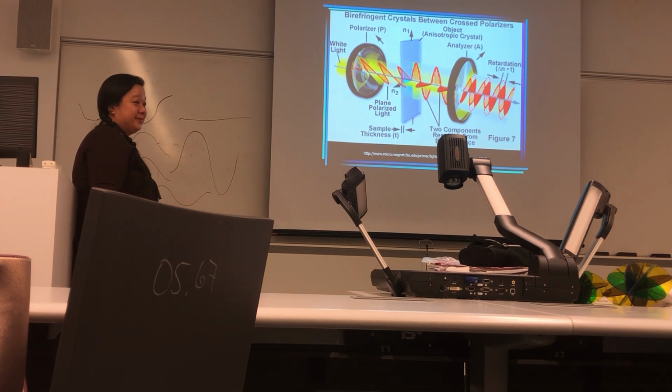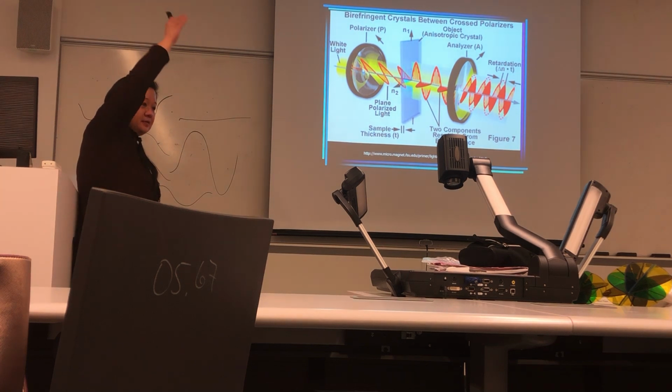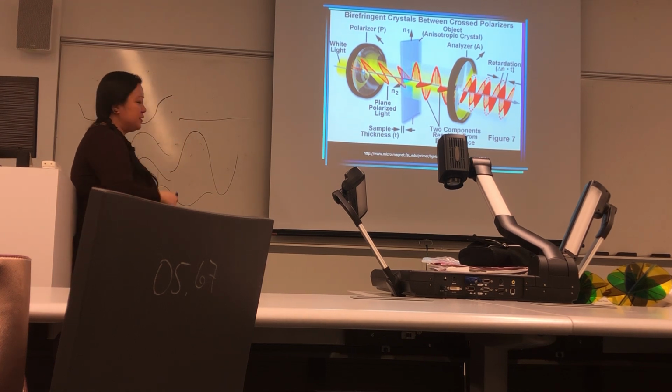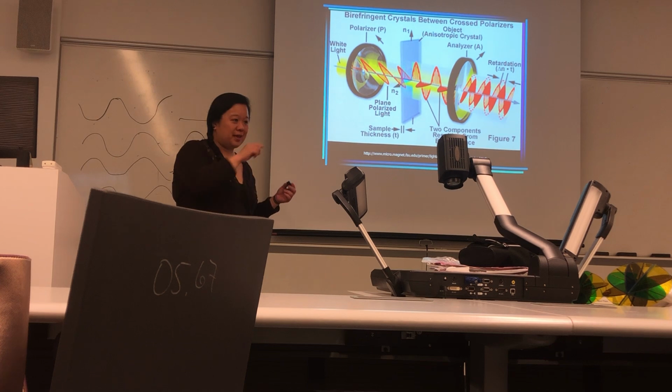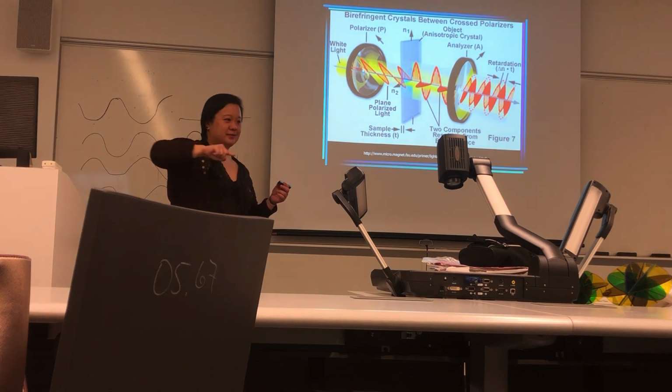So if it's like that and you add them, what would happen? Weird stuff. When you add two waves that are in phase, you still get a sine wave, except the intensity is different, right? But if you add this one with this one, you no longer get a perfect sine wave. You get a wave, but it's weirdly shaped.